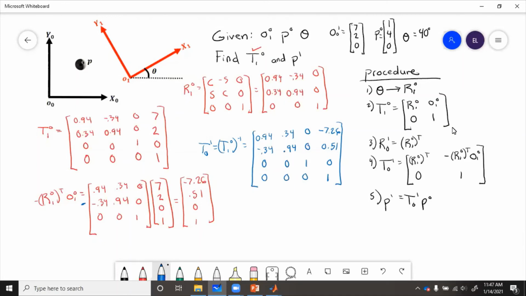Now finally, P1 equals T01 times P0, which equals all that times P0, which is 1, 4, 0. But then remember, we have to augment it with 1 because it's a point.